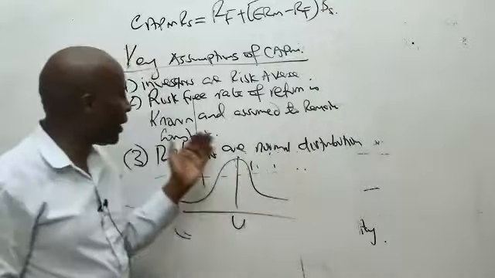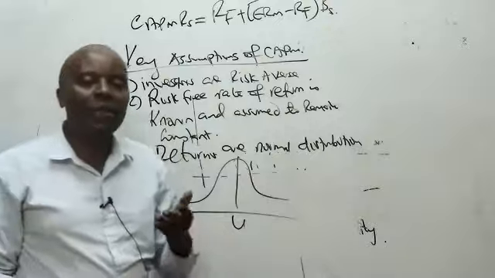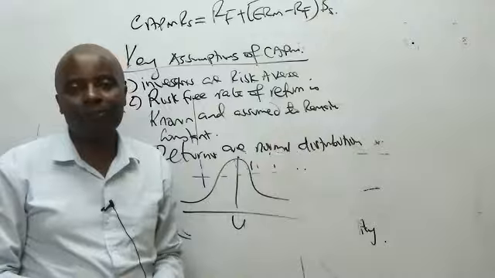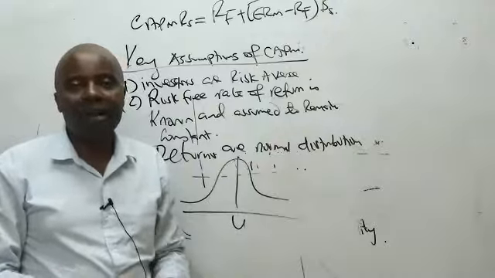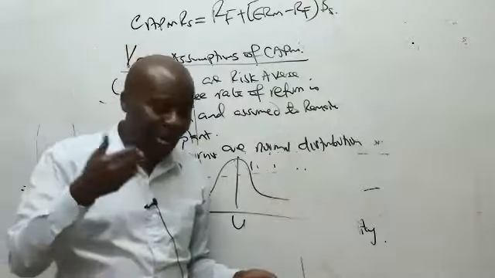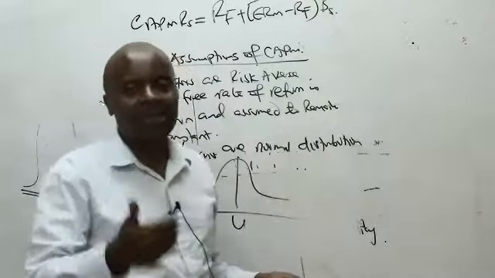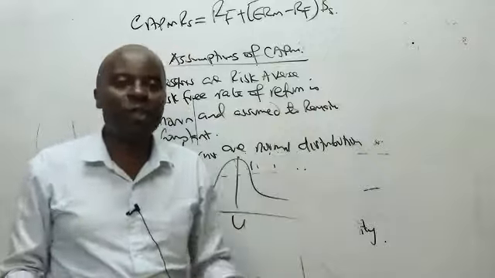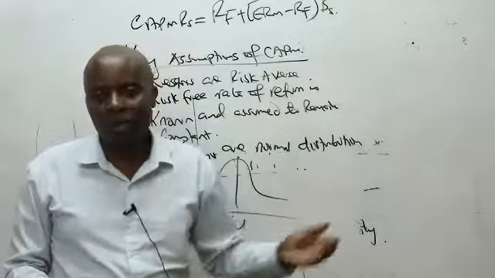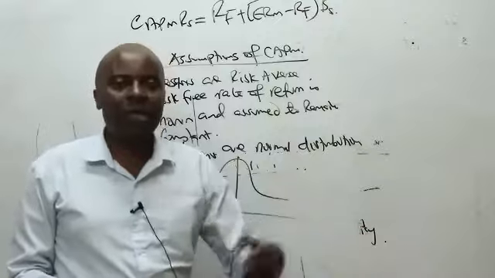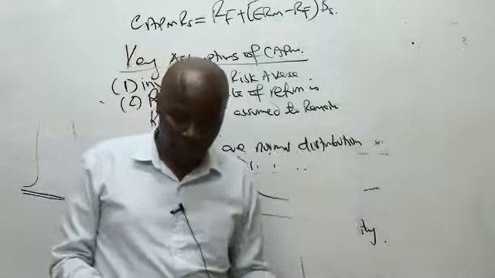Now, after you've written these keywords, if they want more, that is when you bring in the issue of no transaction costs, markets being perfect. Remember in AFM, especially if they ask about assumptions of a model that you're not so much acquainted with, what you need to do is simply give them that array of assumptions. Markets are perfect, no transaction cost, no taxes, etc.